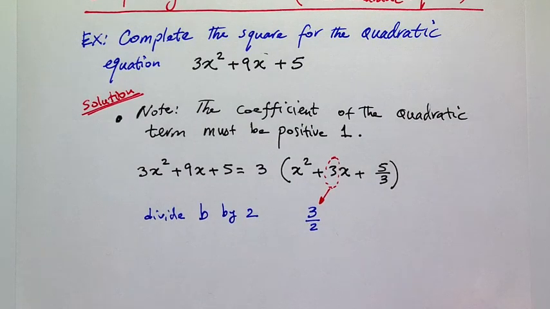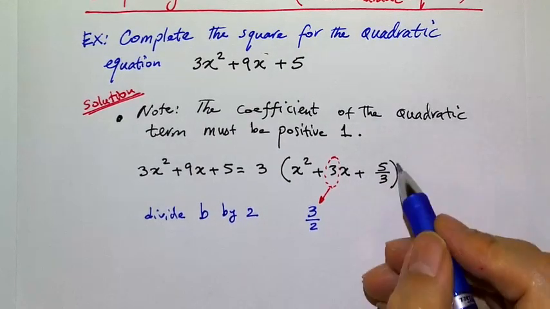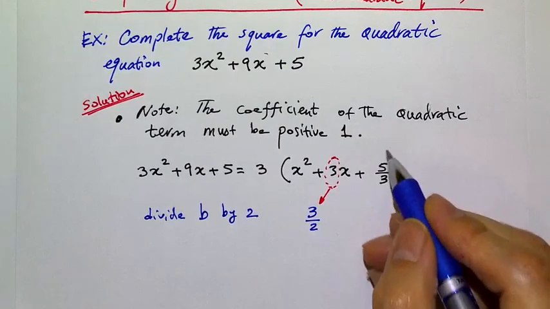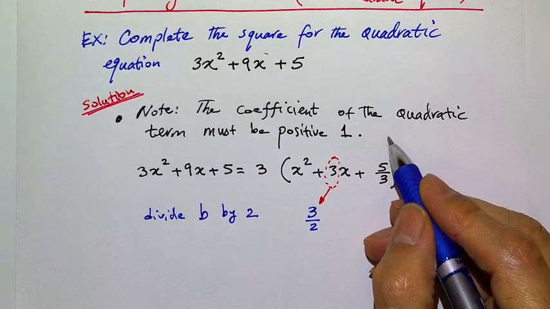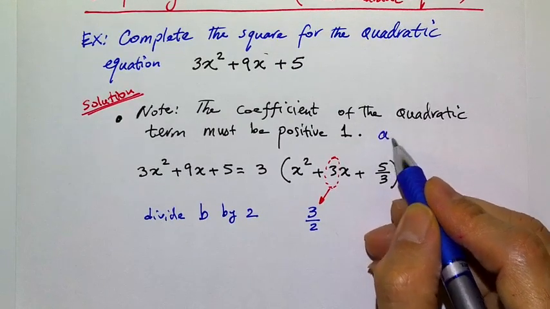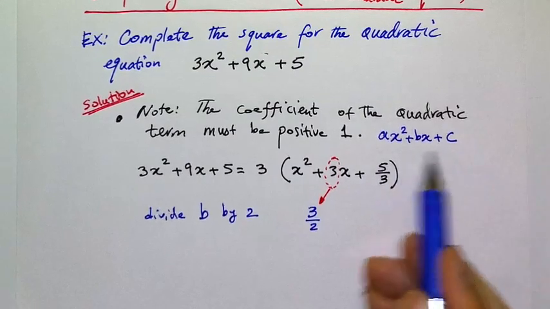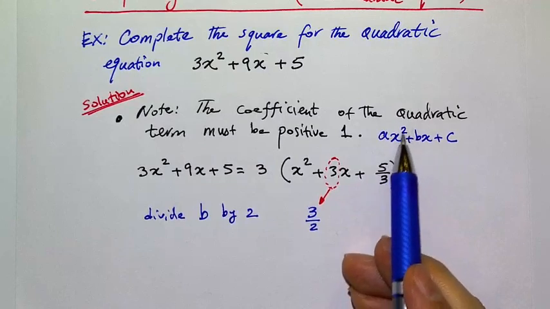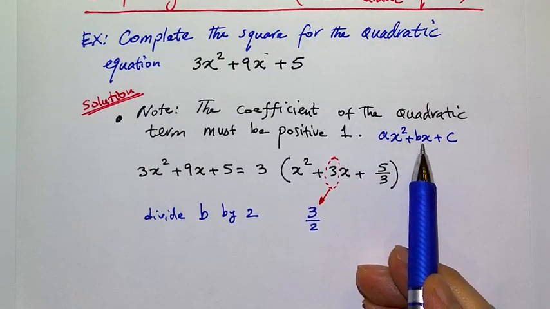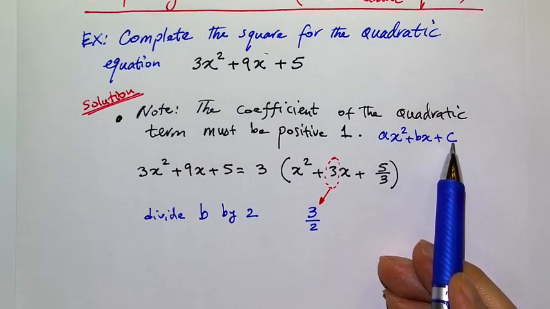And by saying b, I'm referring to the familiar form of a quadratic equation, ax squared plus bx plus c, right? Remember that? The coefficient of the quadratic term is a, the coefficient of the x term is b, and the constant term is c.